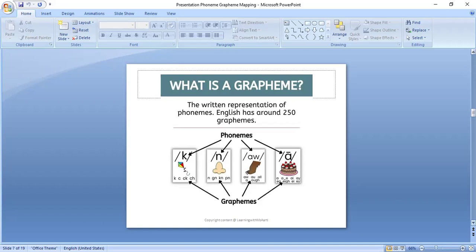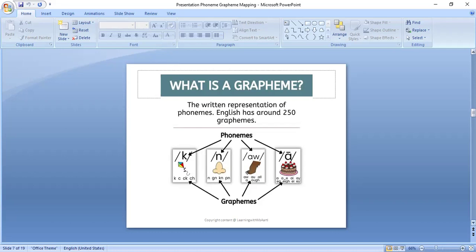PN as well, GN as well for nose. Similarly, for the O sound, it can be OUGH, it can be O, it can be AU, like say. And similarly, for cake, it can be AI, AE, AY, EY, and so on.